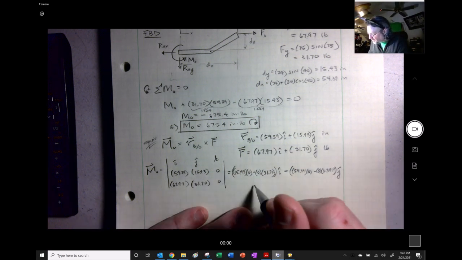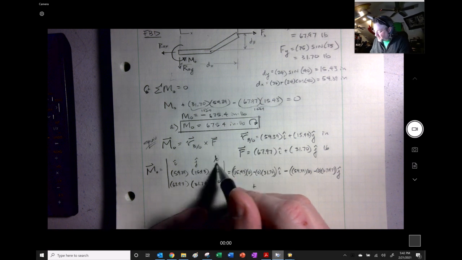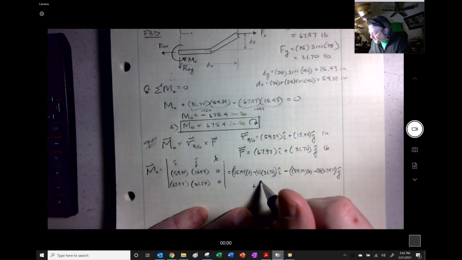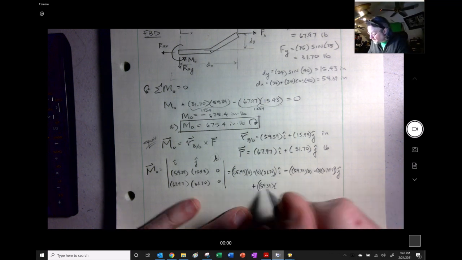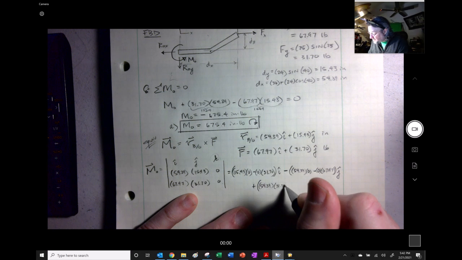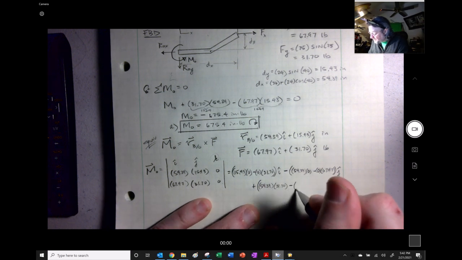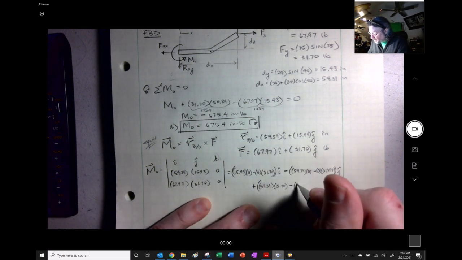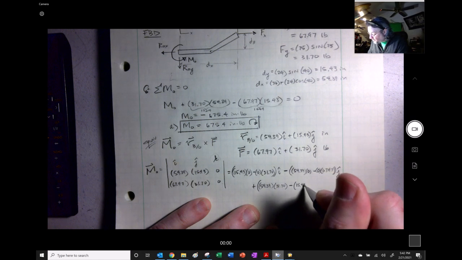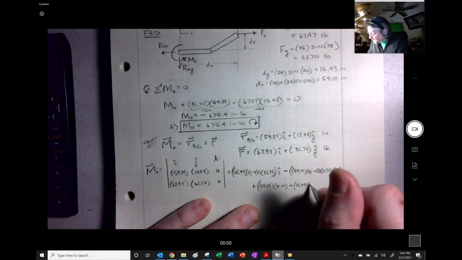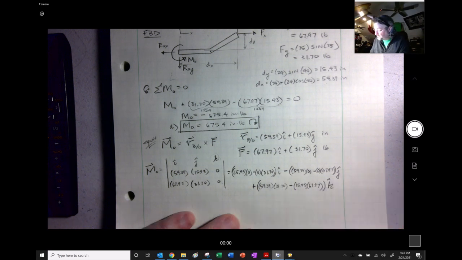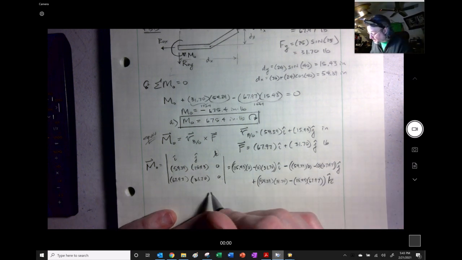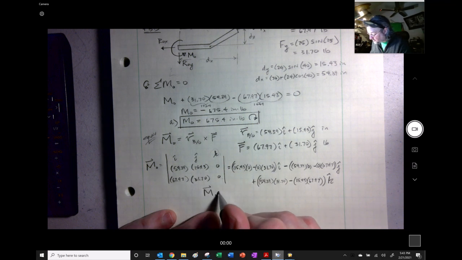Now I go down to this last one, plus the determinant of this one right here. I have 54.39 and 31.70, minus 15.43 times 67.97, k.